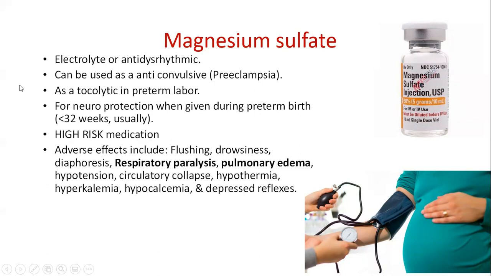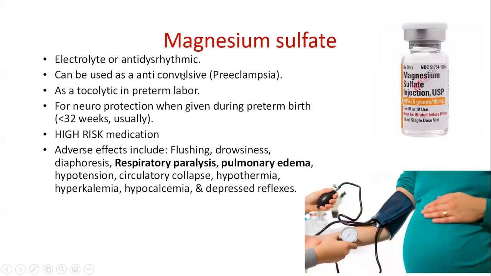Let me read it. MAXSULF: electrolyte or anti-dysrhythmic. Basically, it is magnesium, and magnesium is an electrolyte. We can also use it as an anti-dysrhythmic; arrhythmia means the heart rate is not in the normal range. It can be used as an anticonvulsant.